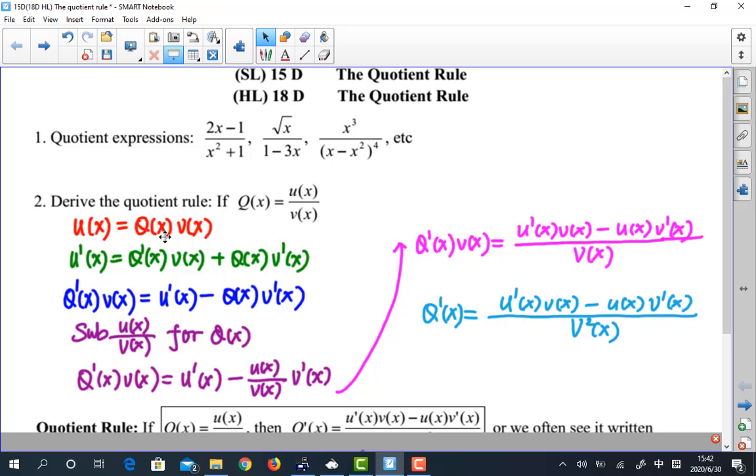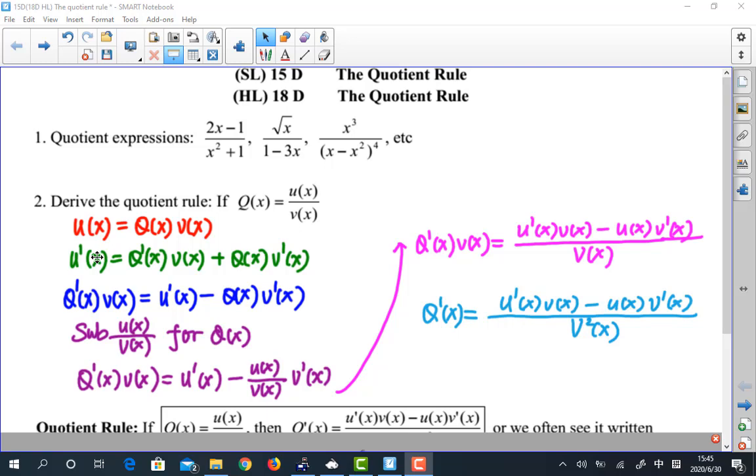Then we apply the product rule to differentiate u of x. So u prime of x equals q prime times v plus q times v prime. And you need to remember, my goal is to look for q prime x. Therefore, we keep this product on the right side. Then we move this one to the left side.